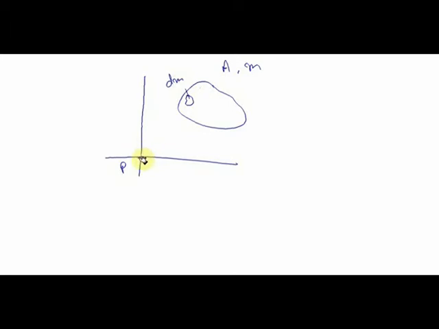Now let's say that we have a continuous mass distribution, that is, we have an object A of mass m, and we want to find out its center of mass with respect to a point P. Say this is point P. Now to find it, we'll take a very small mass dm inside this object, and let the position vector of dm with respect to point P be r, and let the position vector of the center of mass, that is point C, be rc with respect to point P.